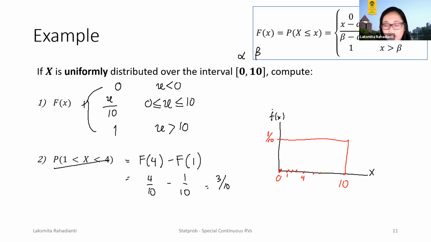This is obviously not an accurate graph, guys, so please forgive me. You could argue that you can just compute this area visually as a rectangle, because you know that this is 10 times 1/10, aka 1. So this one is obviously 3 times 1/10, which equals 3/10.